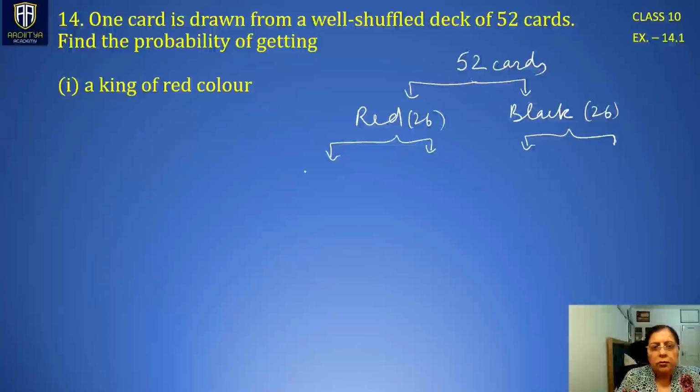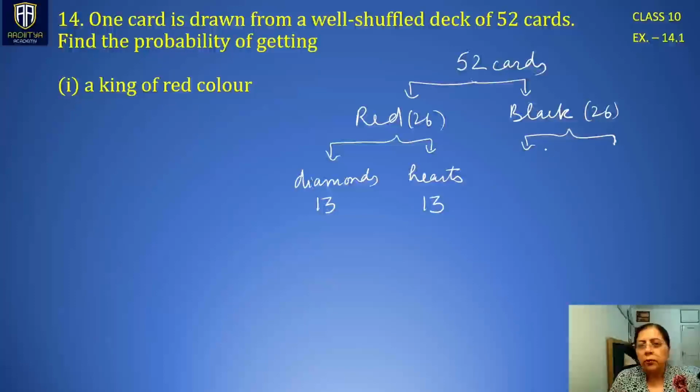Red suits are diamonds, which are 13 in number, and hearts, which are 13 in number, right? Half of the cards are black. So the 2 suits in black color are clubs, 13 in number, and spades, 13 in number, right?